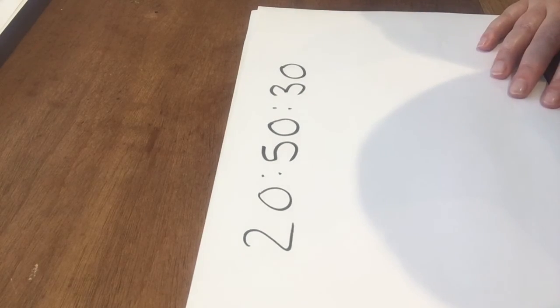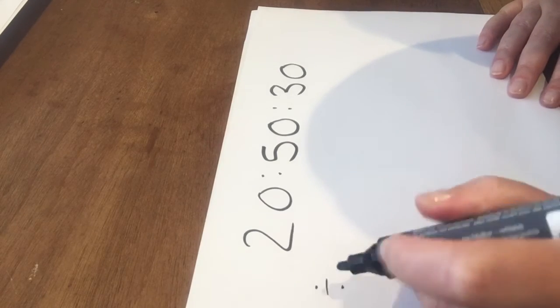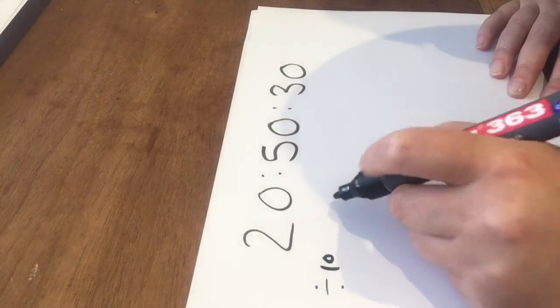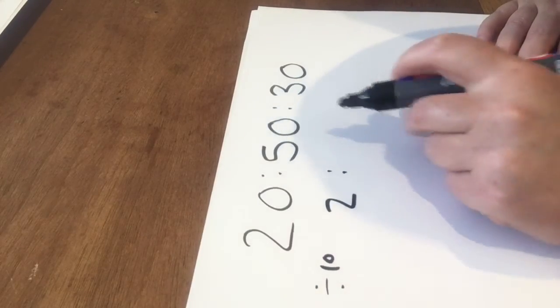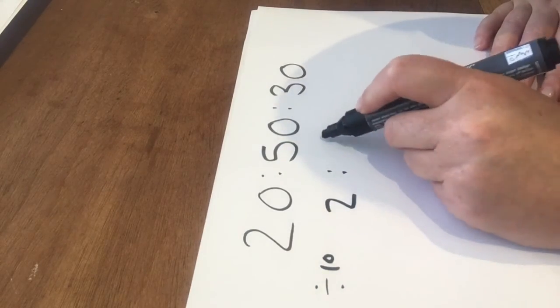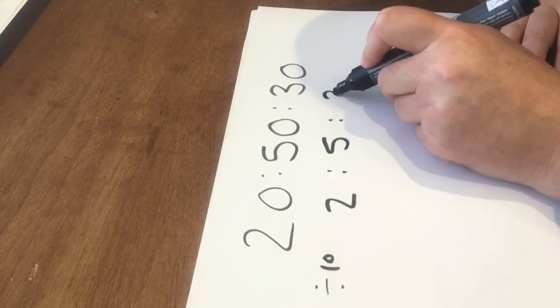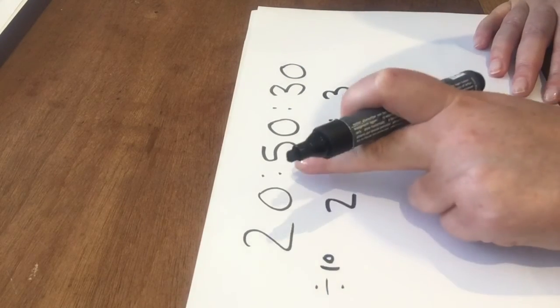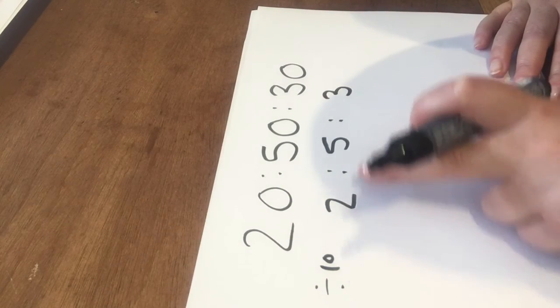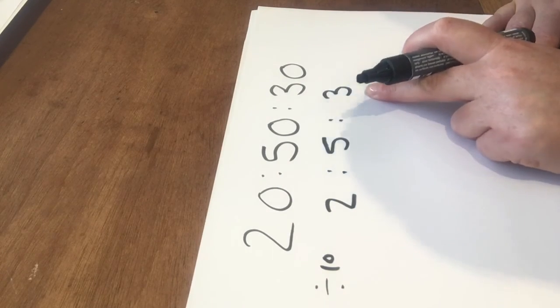My common factor is 10, so I'm going to divide each of these numbers by 10. So 20 divided by 10 is 2, 50 divided by 10 is 5, and 30 divided by 10 is 3. So 20 to 50 to 30 is the same as 2 to 5 to 3. We've just simplified the ratio.